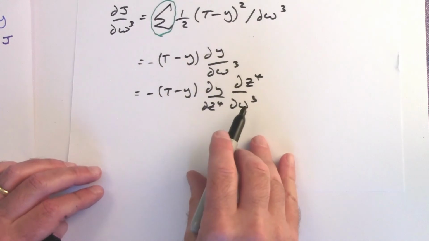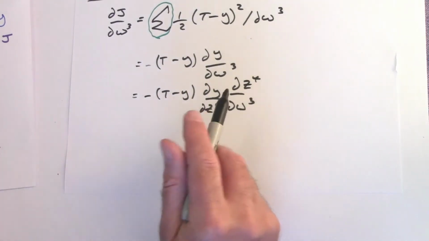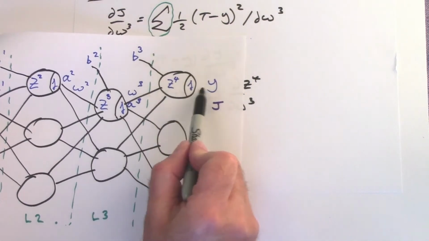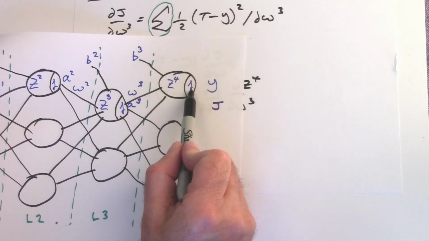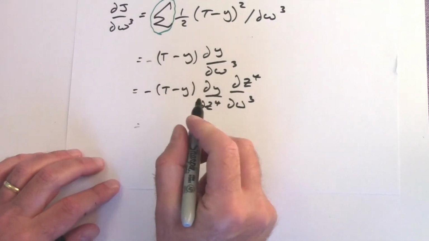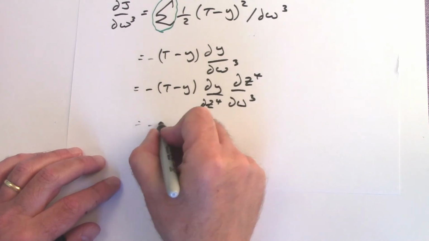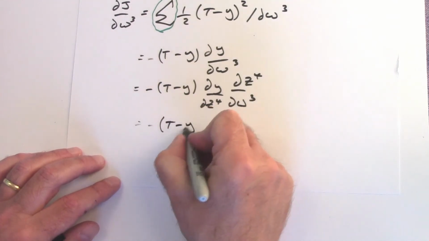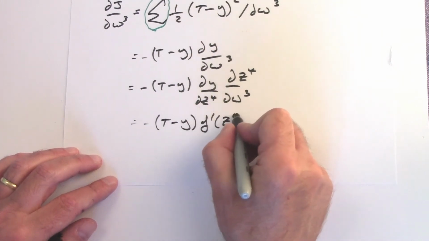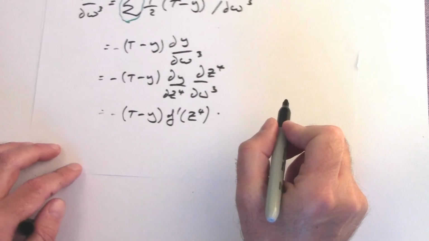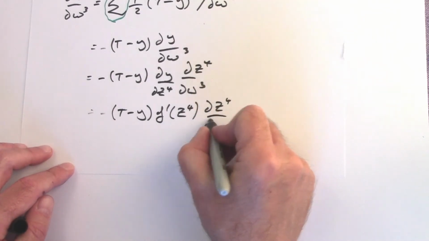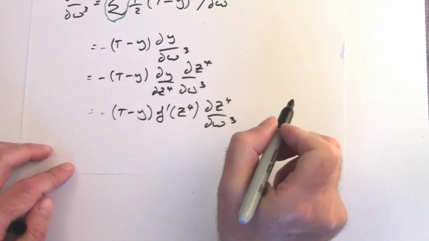Now, what is dy by dz4? How that's going to change is based on the activation function here. So what we need to do here is differentiate the activation function. We'll just label that as f prime z4, and then we've still got a dz4 by dw3 to worry about.